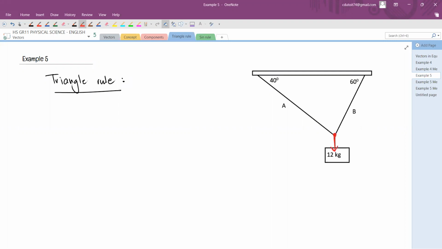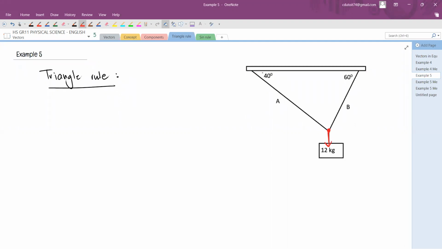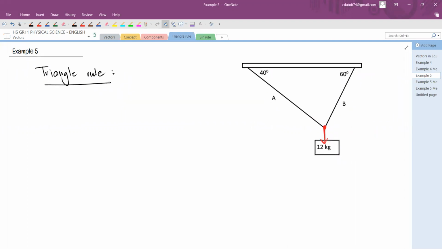This downward force here is called Fg. And I'm going to stick it to the ceiling. I'm going to put it at any part of the two ceilings. So let's just choose the right side. You could have chosen the 40-degree side, but I'm choosing the right-hand side just to give me more space. So I'm going to take my ruler and pull a line down there.